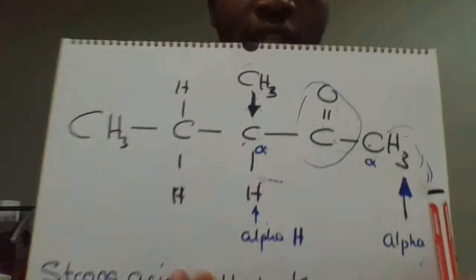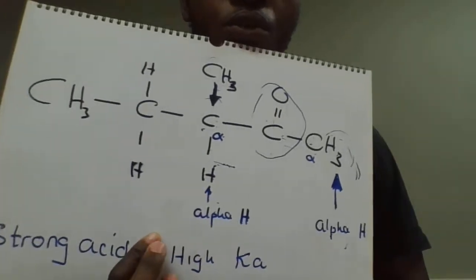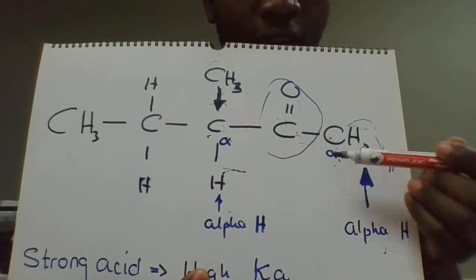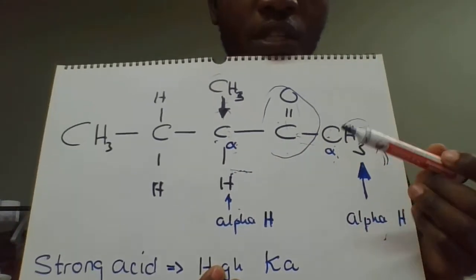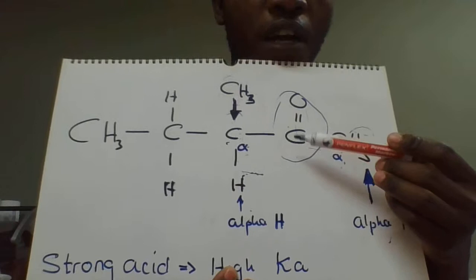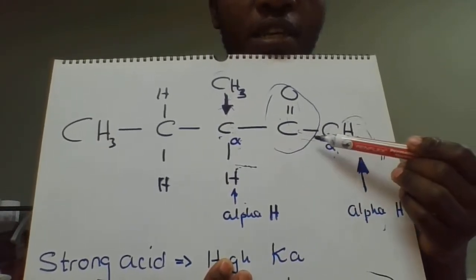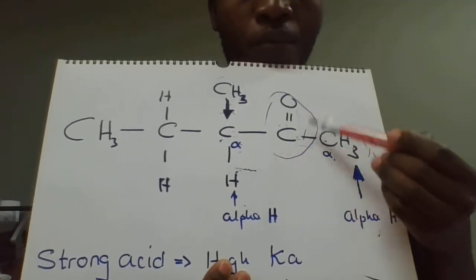If you check this structure, we do have two alpha carbons here, right? As I indicate, this alpha carbon and this alpha carbon. I want you to take note that they are called alpha carbons because they are carbons attached directly to the carbonyl group. This is the carbonyl group.